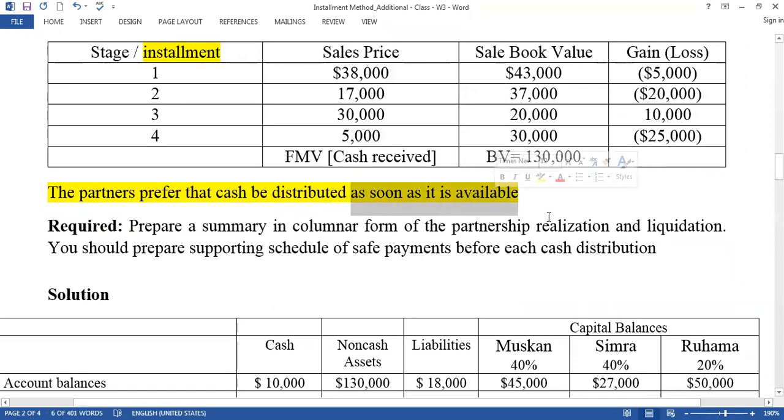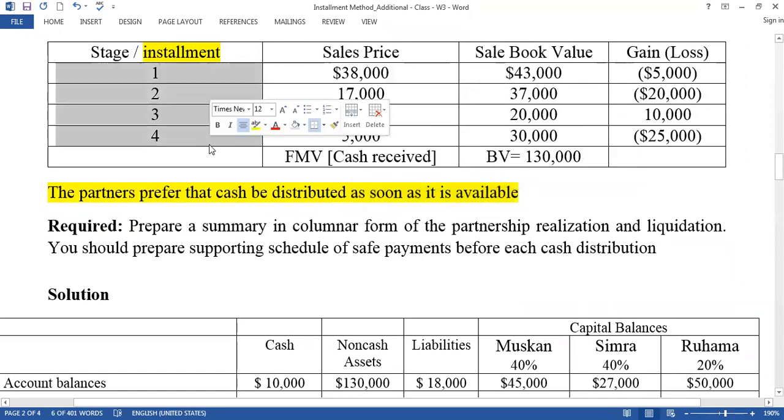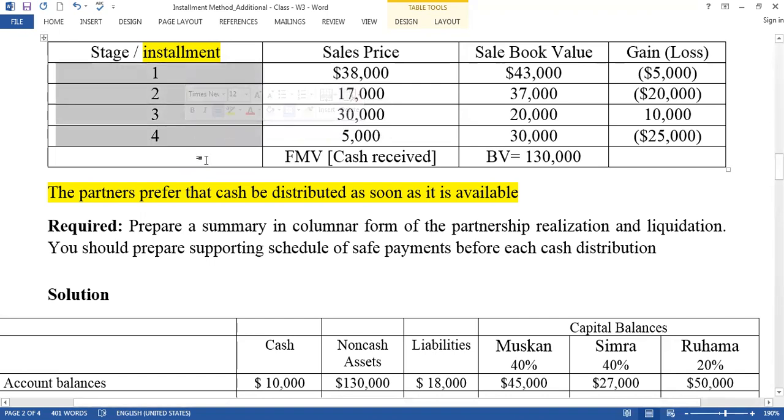Very simple: you are going to close your business, you need your money back. But you are not going to sell your assets at a time. According to the simple method, you sell your assets only one time, and you sit together and receive your cash back. But here, assets are sold over time. So partners request the business that whenever we have available cash, please give us money back. That means every installment, we have to return some cash to the partners.